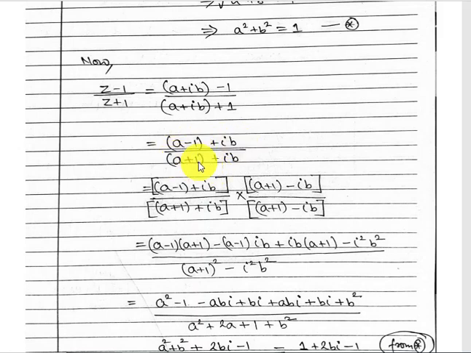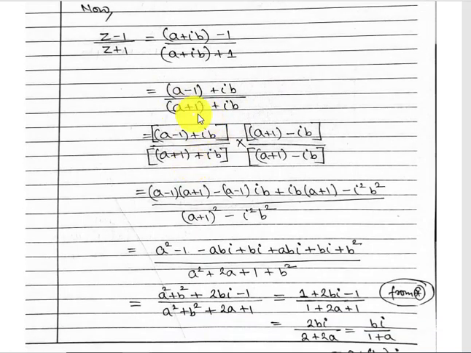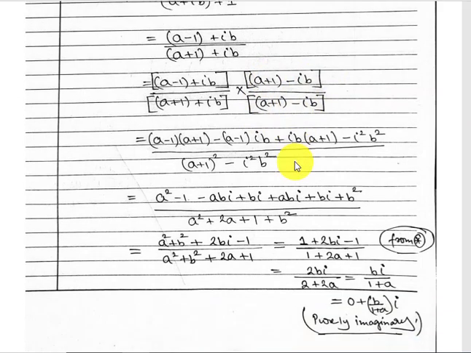Down here we have a plus 1 plus ib. Now we know that in the denominator we are not supposed to keep a complex number, anything in terms of i. So we will rationalize it. So a plus 1 plus ib, we are going to rationalize by a plus 1 minus ib. So multiply and divide by a plus 1 minus ib.